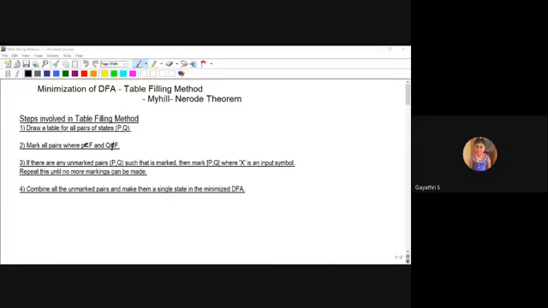Automata means it has states, transitions, and inputs.